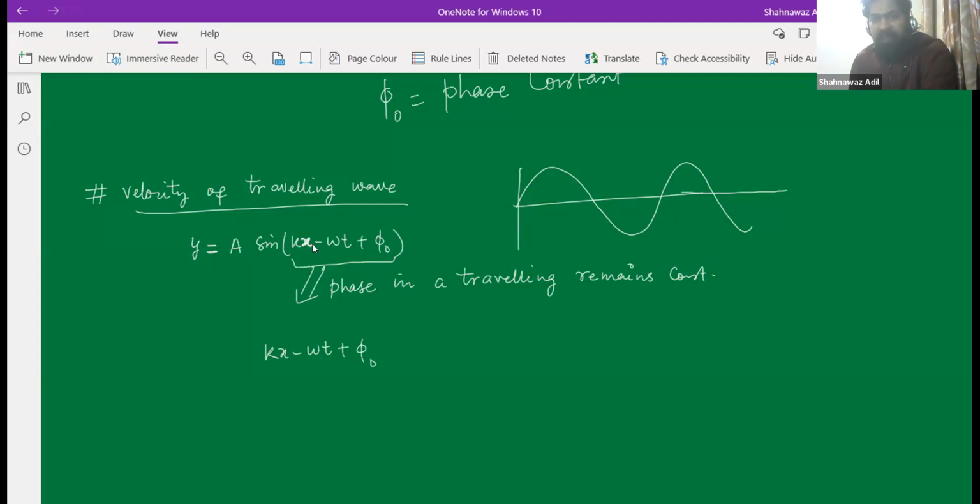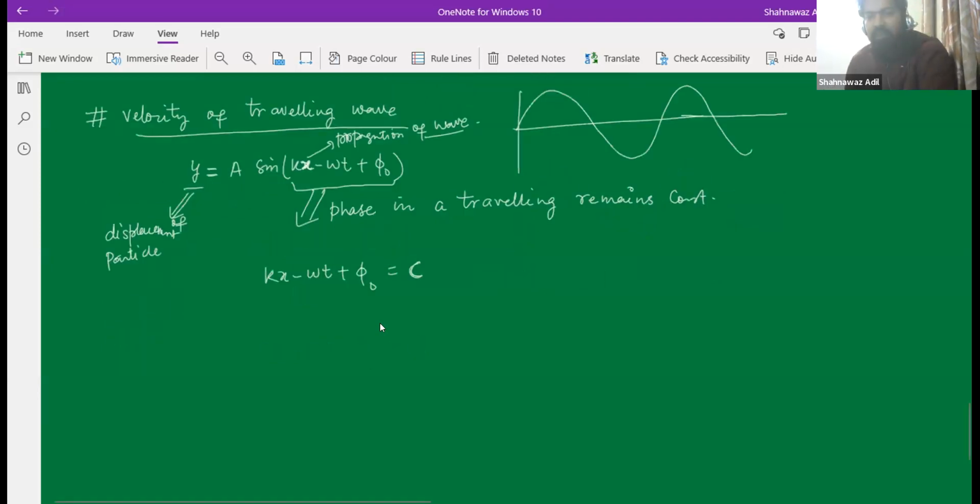And y is the displacement of the particle. So this x is the propagation of the wave, and this whole phase is, let's say, a constant c.